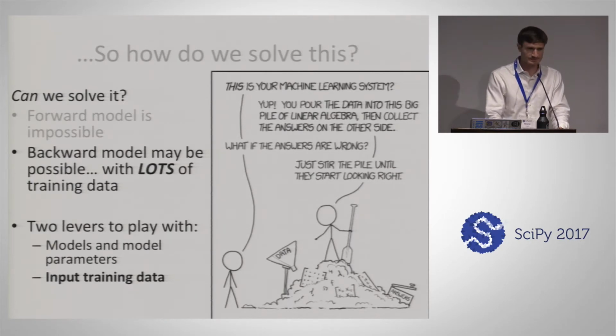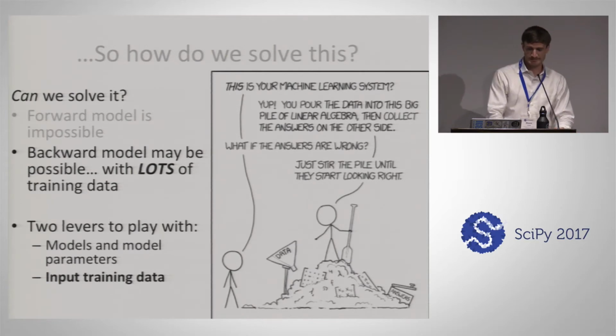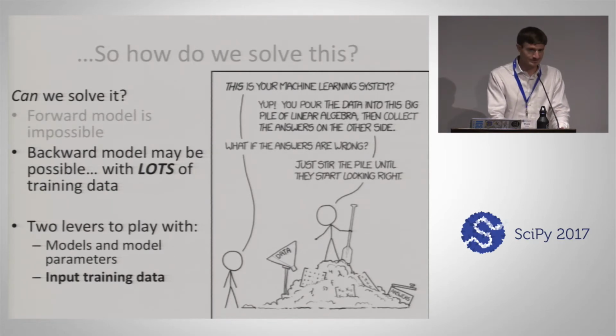And there are two different levers that we can play with. I'm going to do a lot of machine learning, a lot of deep learning. Normally you can either tweak the models, in terms of the models that you choose and the model parameters, or you can tweak the input data. I really like this XKCD comic about the current state of machine learning: you just stir your linear algebra pile until you get the right answers, and rinse, lather, and repeat.